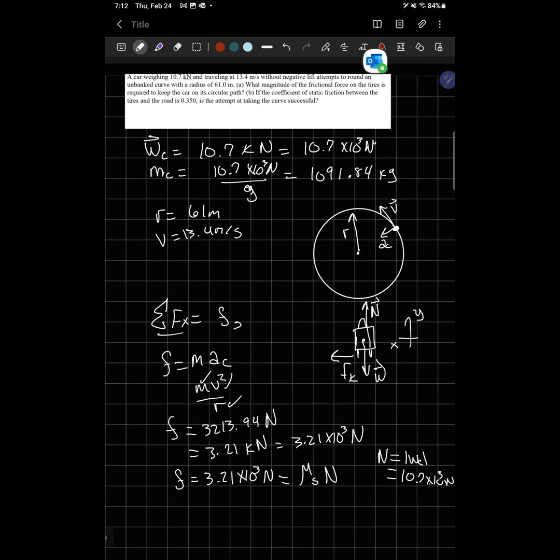Okay, so what I'm going to do is multiply my normal force times my given mu. So 10.7 times 10 to the third times 0.35.